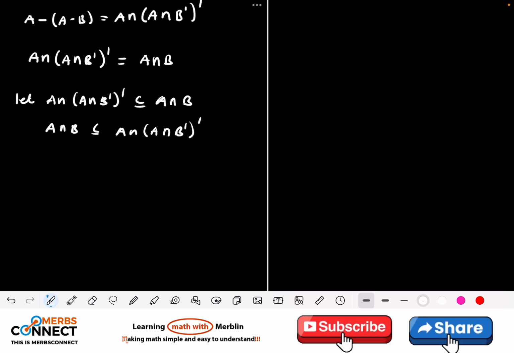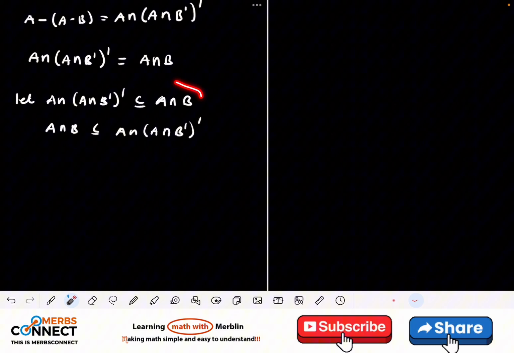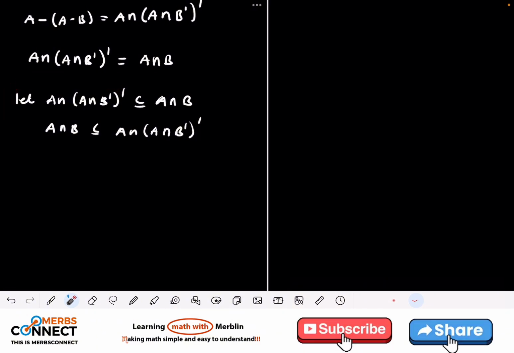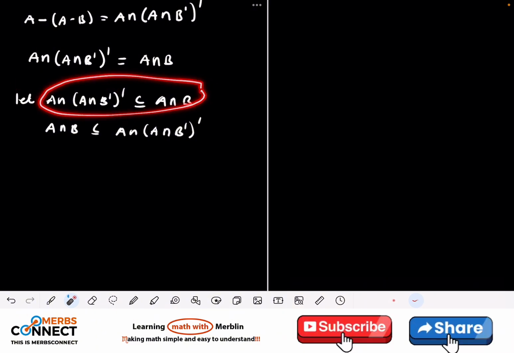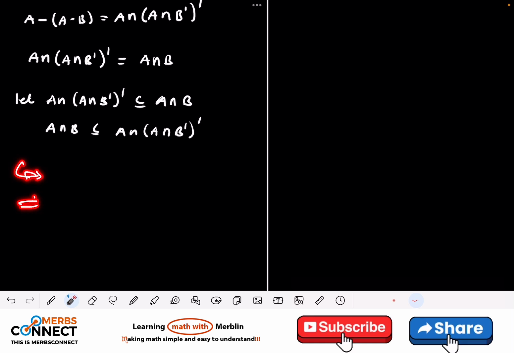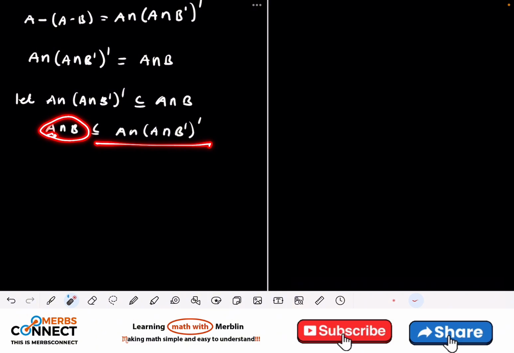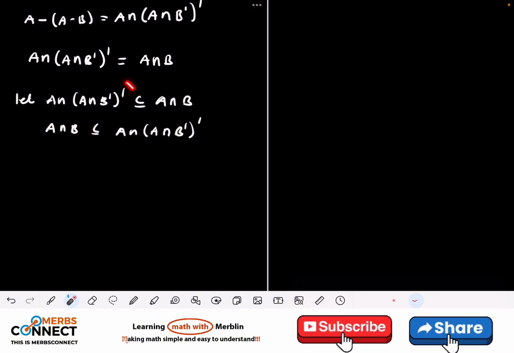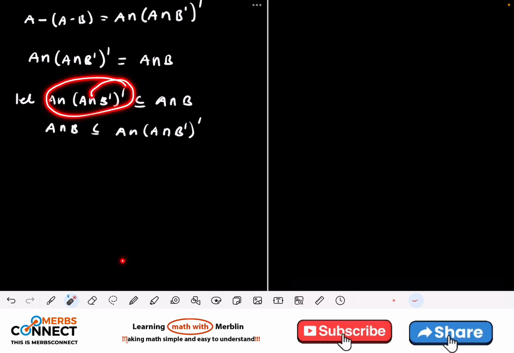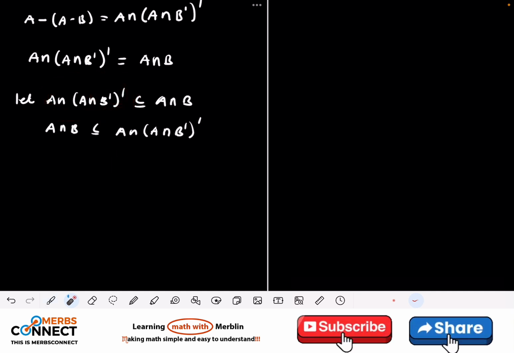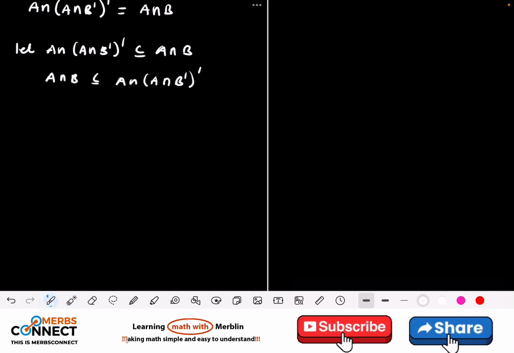When you are done solving the first part, it's good for you to use the if and only if, because moving from here to here looks kind of weird. But because of how we solve this one, you can just repeat the same result by taking it from down to the top. I'll show you how. So let's go through.